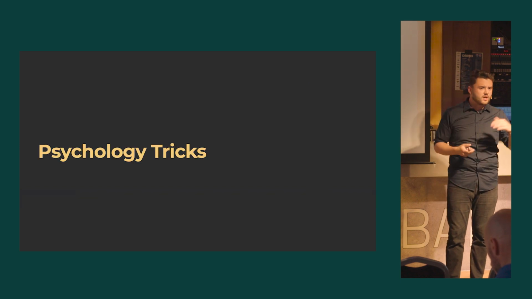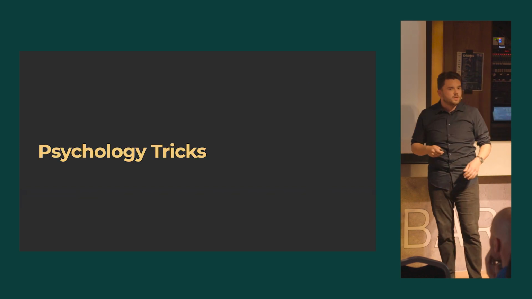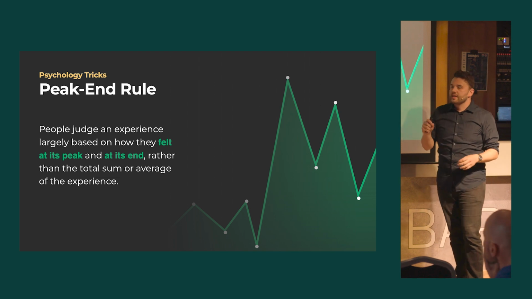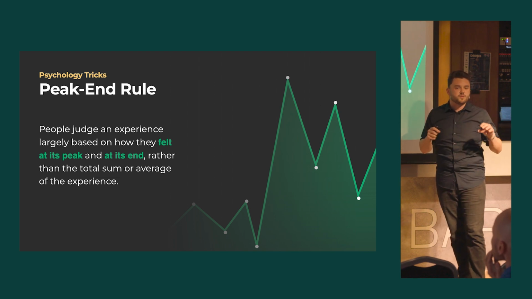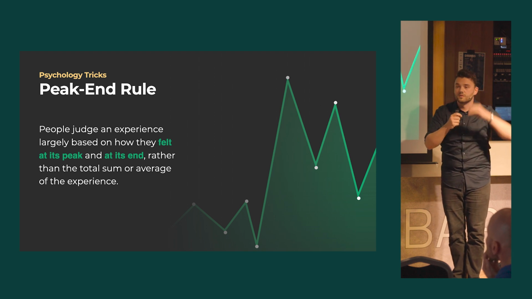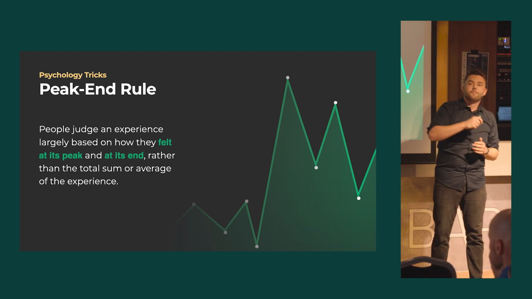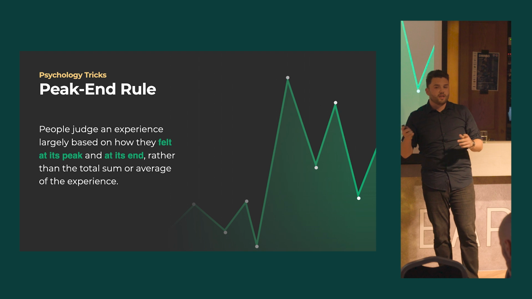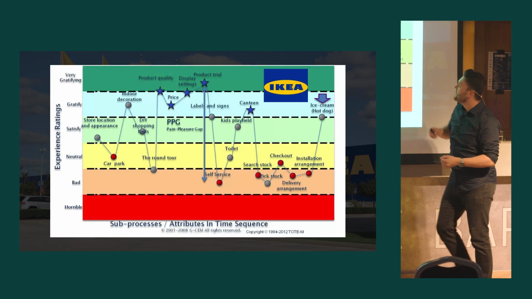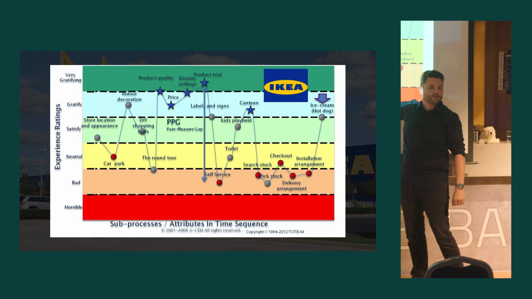And then on top of that, there are some psychology tricks that we use. One of them is the peak end rule, meaning that most people tend to judge an experience based on how they felt at a peak moment, whether that's a good moment or a bad moment, and the end. And if I want to go back to the IKEA example I came up with previously, this is where you can see that very clearly.